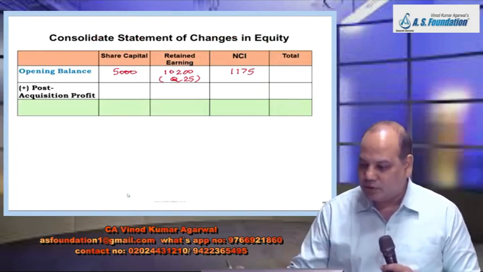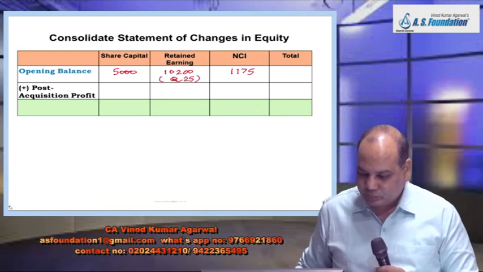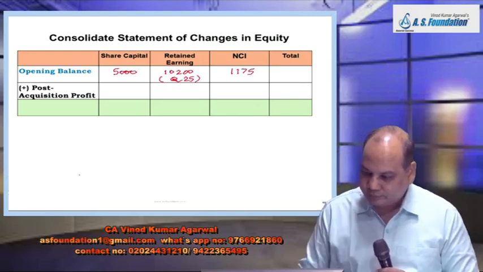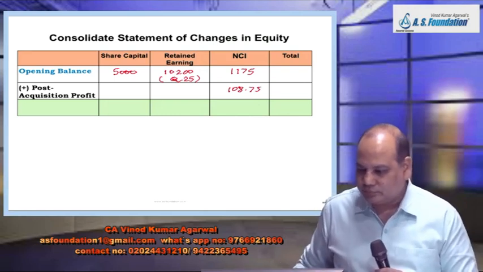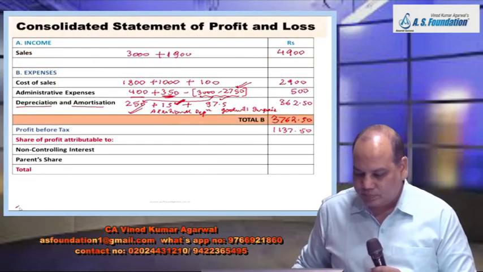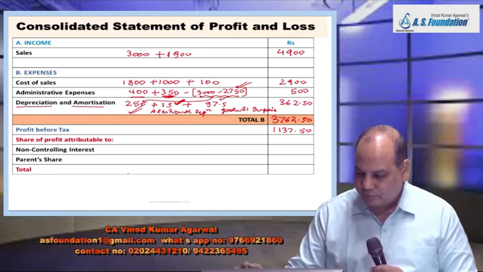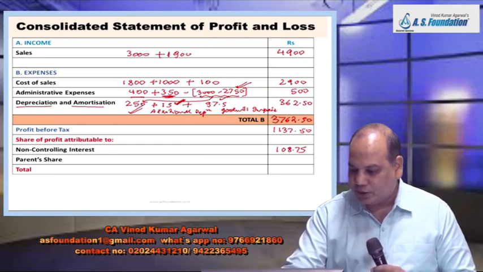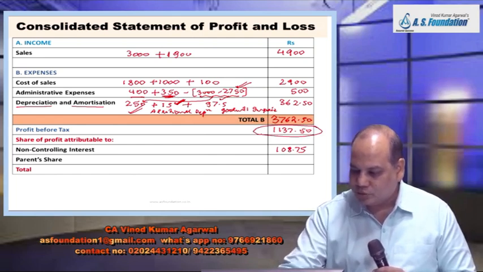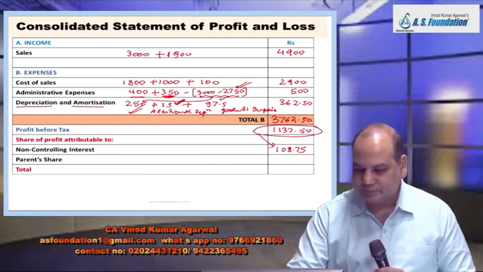you write here in NCI 108.75, and this you also write in profit and loss 108.75. So parent share will be total minus this.